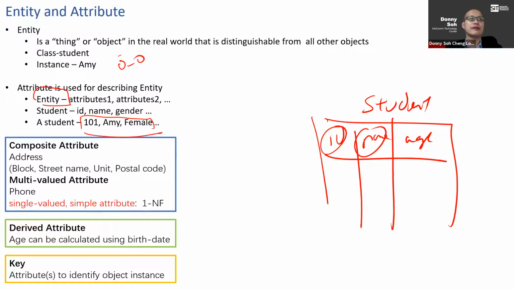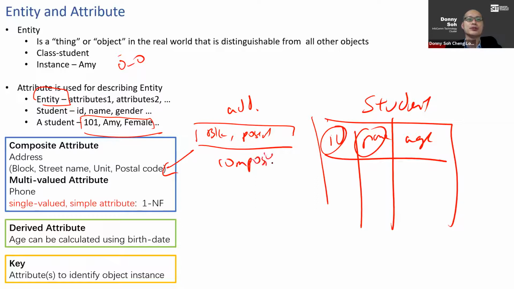So of course, this is something that I didn't really cover a lot. This is where we have a composite attribute. So we said earlier, if I have an address and I put it together as one single attribute, where I have the block and postal together as one single attribute, this will be a composite attribute.